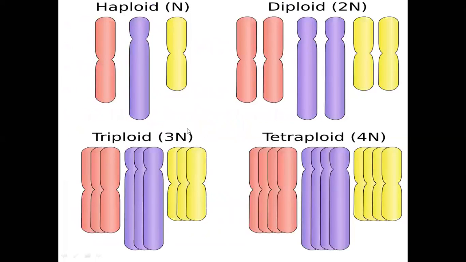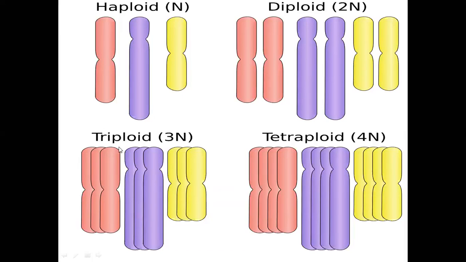So this is the haploid, diploid, triploid and tetraploid slide for you. Haploid: here there are 3 different chromosomes, in 3 different colors, with a single chromosome representing each. When it comes to diploid, you have 6 chromosomes, that is, each chromosome exists in pairs: a pair of pink, a pair of blue and a pair of yellow chromosomes.